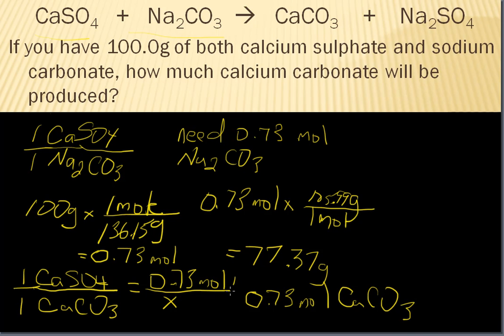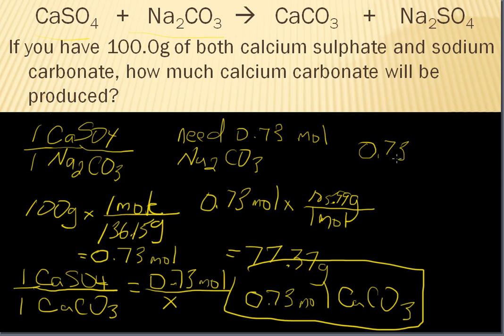So that could actually be our answer. How much? 0.73 moles. Or we could convert that 0.73 moles, right, times, we put moles on the bottom, and on the top we put the molar mass of calcium carbonate, which is 100.09 grams.